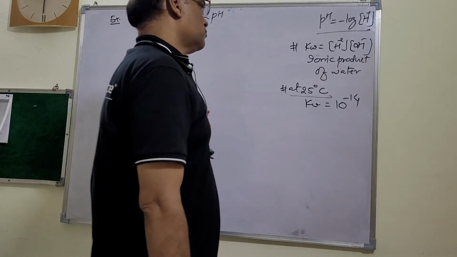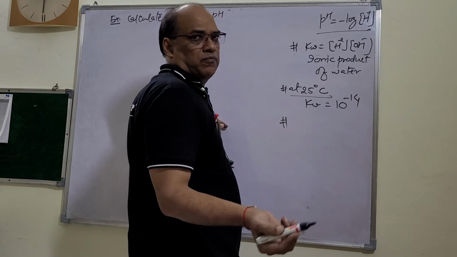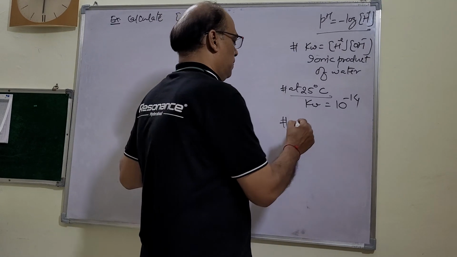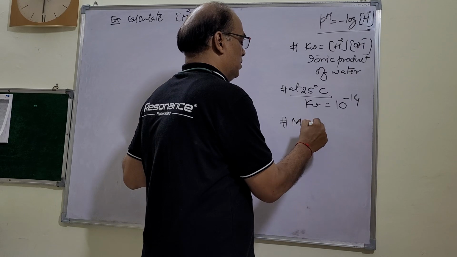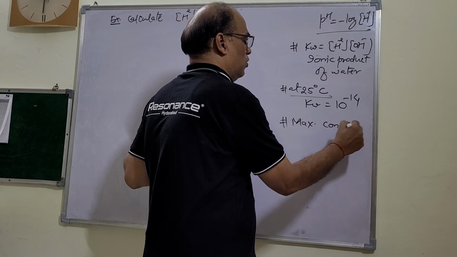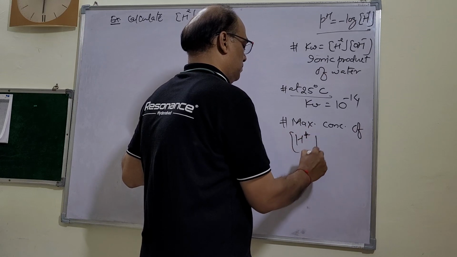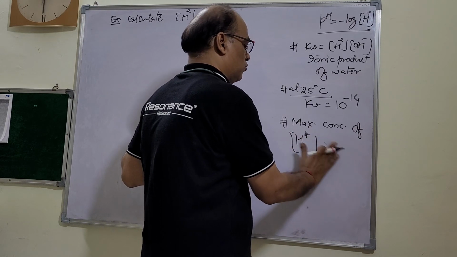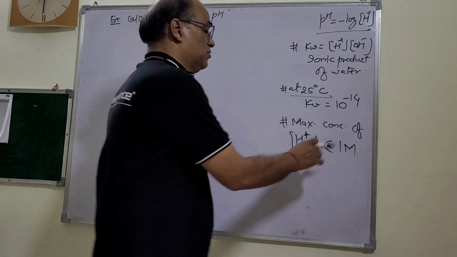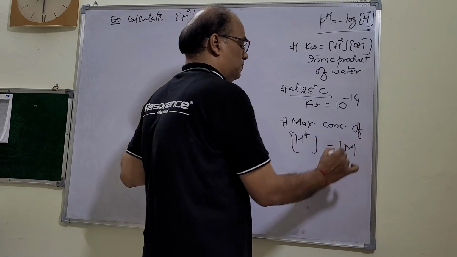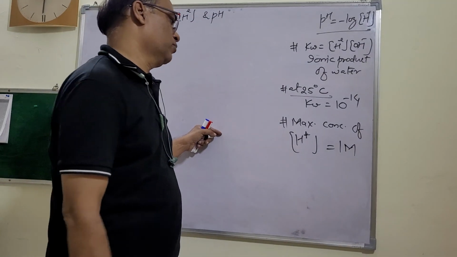Okay. One misconception, even some teachers have this misconception. So I will tell you what is that misconception. Maximum concentration of H ion is less than or equal to 1 molar. The H ion in any solution cannot be more than 1 molar.